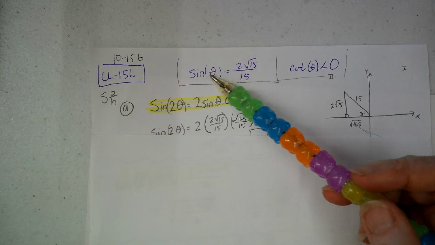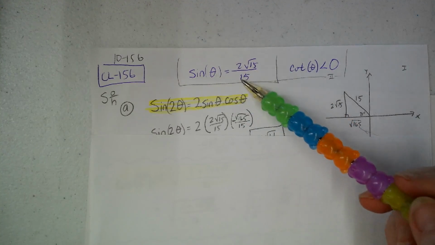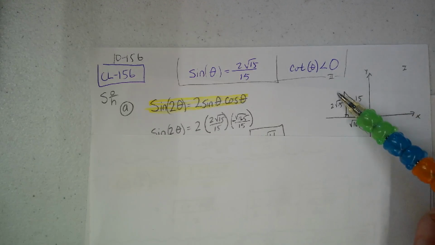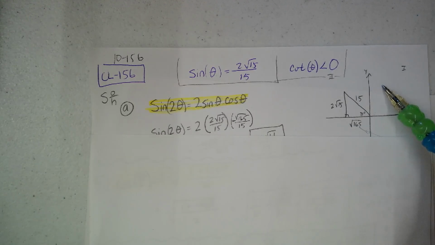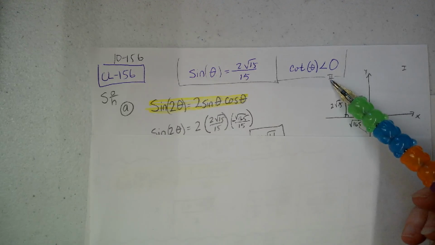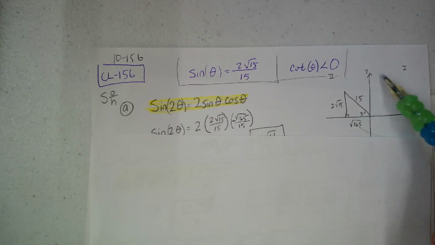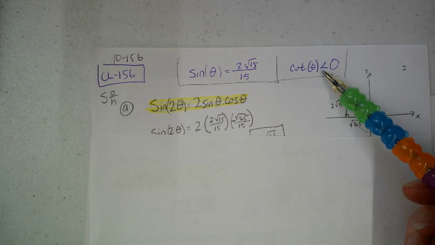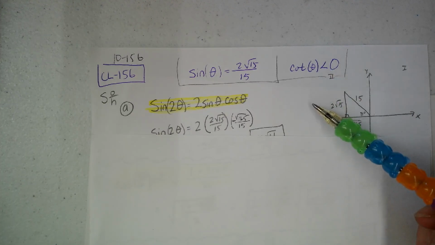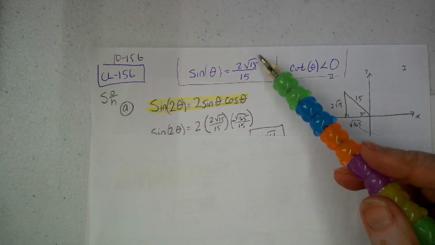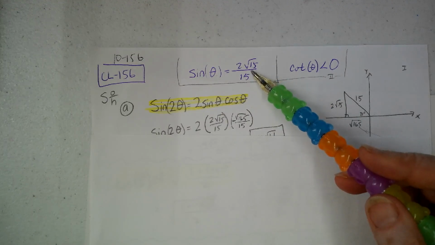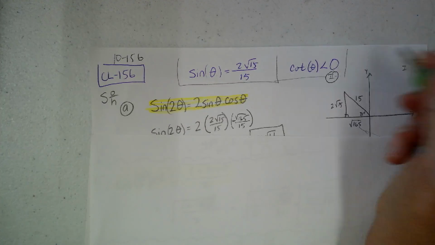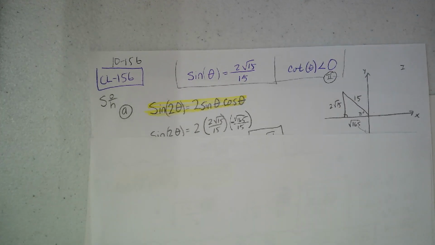Sine of theta is a positive number, so sine could only be positive in quadrant 1 or 2, but we can narrow that down because cotangent has to be negative. Cotangent is cosine over sine. But we know sine's positive, so cosine had to be negative, so that made us know that we're in quadrant 2. That's what theta is.